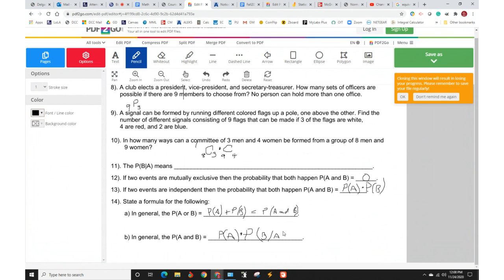And this covers both. If they're independent, then this just means the probability of B. And if they're mutually exclusive, then this is 0. I'm sorry, I messed up. That's not equal, that's a minus sign.